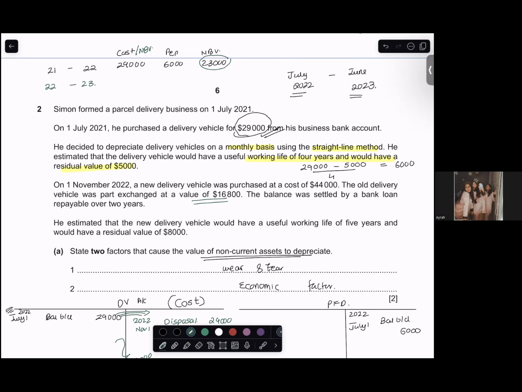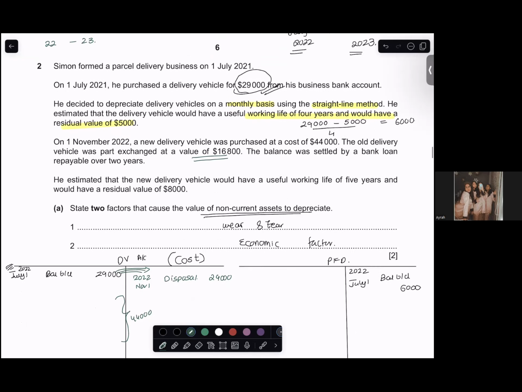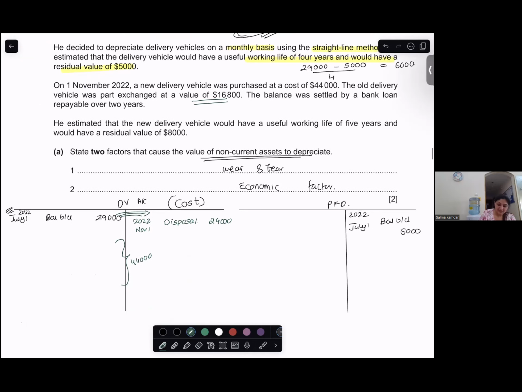The net book value, 23,000. And you have exchanged this for a value of 16,800. That means the new vehicle that is coming in is going to have 16,800 because of the old vehicle. Are you sure? Yes. So 16,800 is because of the disposal of your old vehicle, which was part exchange.